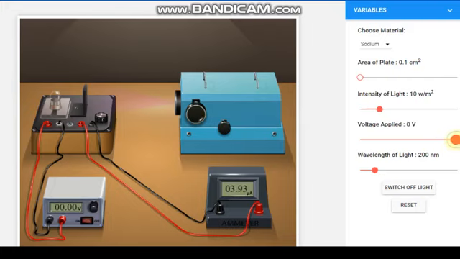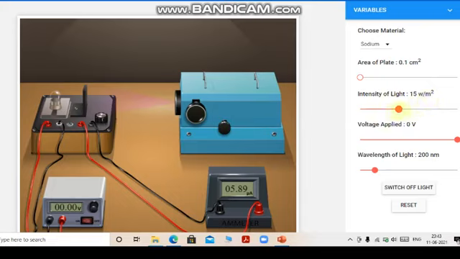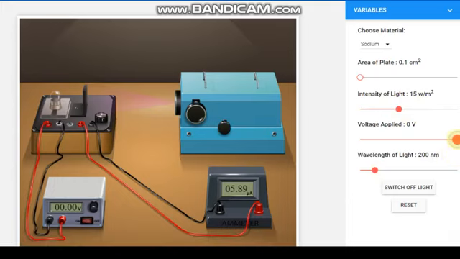And then go to the next one, change the intensity again, and note down the photocurrent for various applied reverse potentials like this.